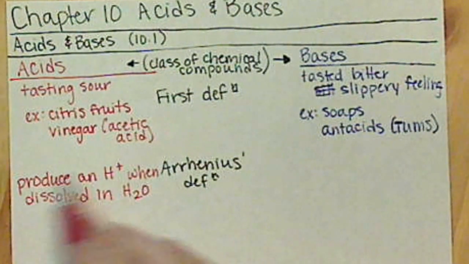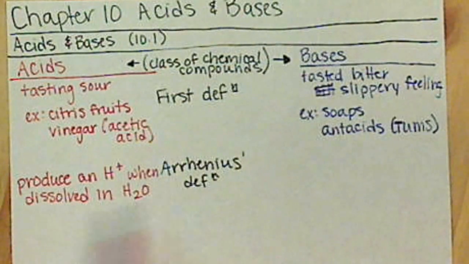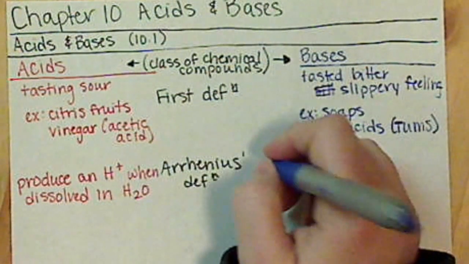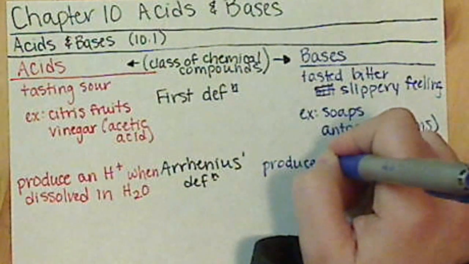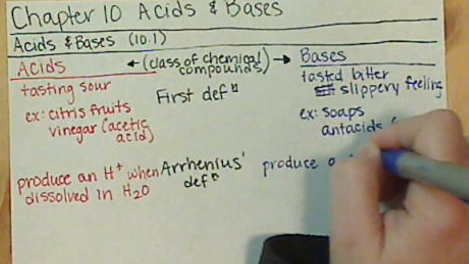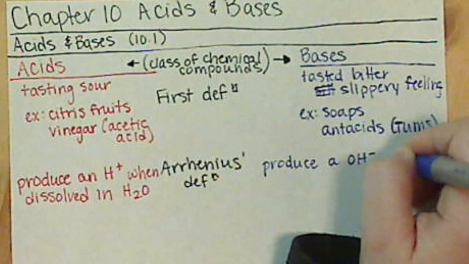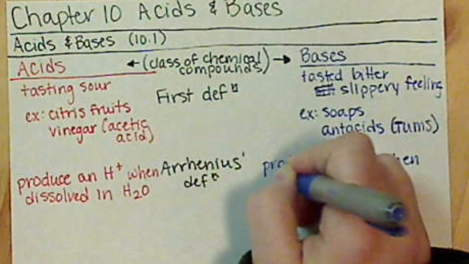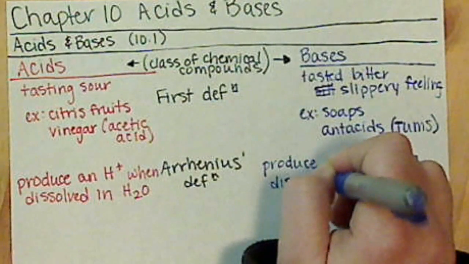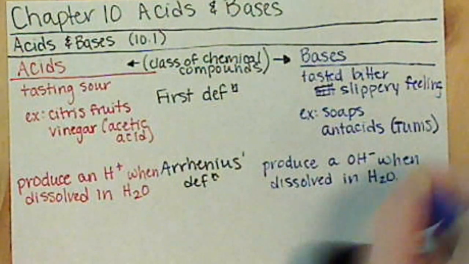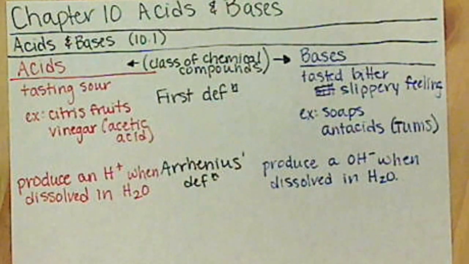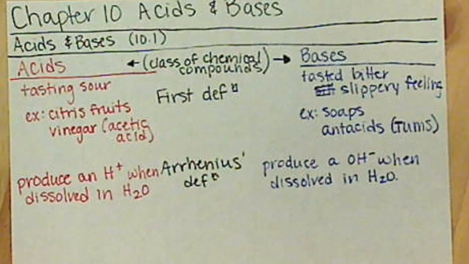So that's our definition from Arrhenius. His definition of bases was that they produce a hydroxide ion when dissolved in water. So those were his main differences.